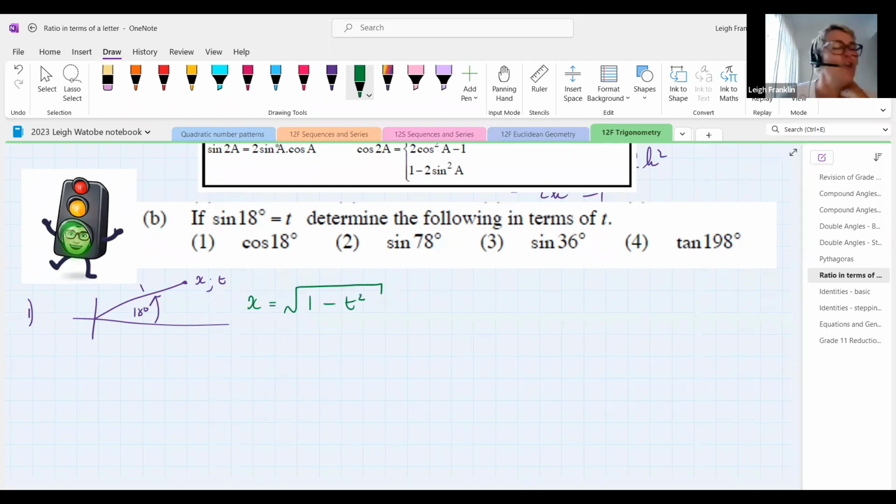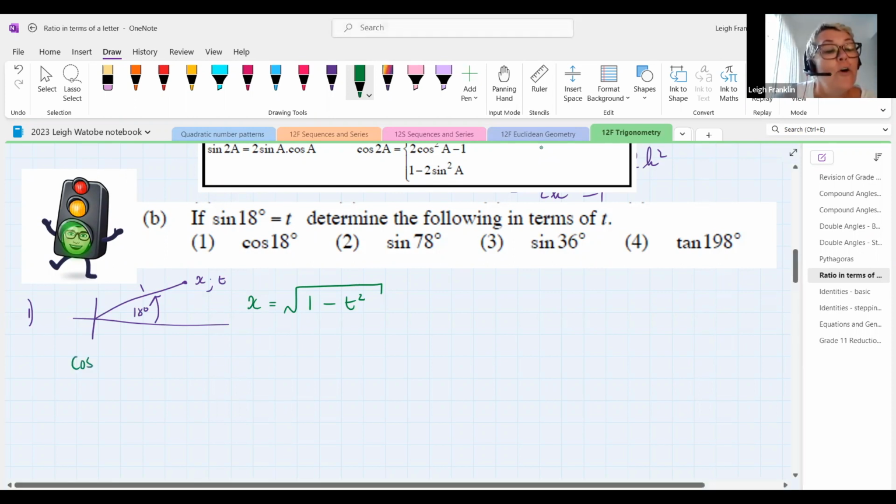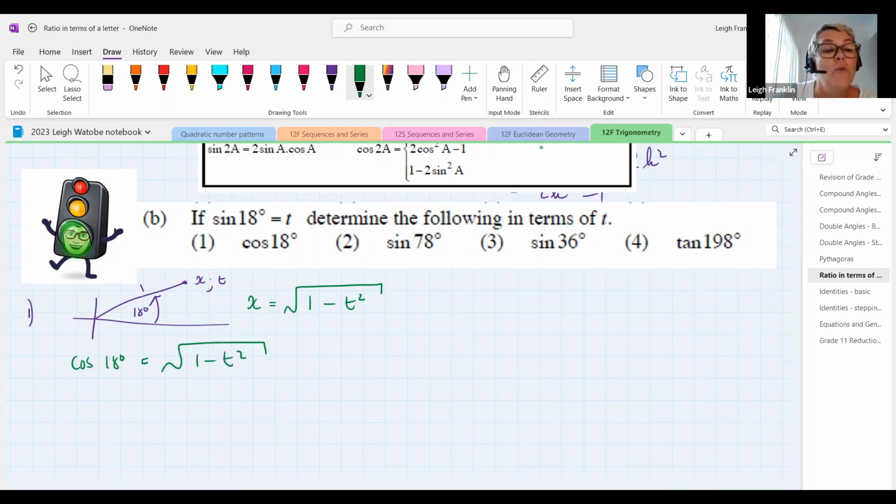No, it's okay, please, it's absolutely fine. We all make little mistakes. Perfect. So you should have had root 1 minus t squared. Lovely, good job. And that would have been the cos of 18. So cos 18 in this case would be root 1 minus t squared over 1, but really, if you don't write over 1, it's not the end of the world. Yes, good job, everybody. That's perfect.